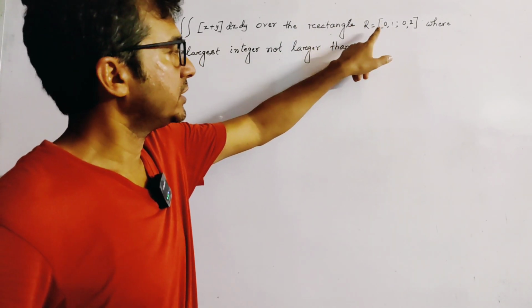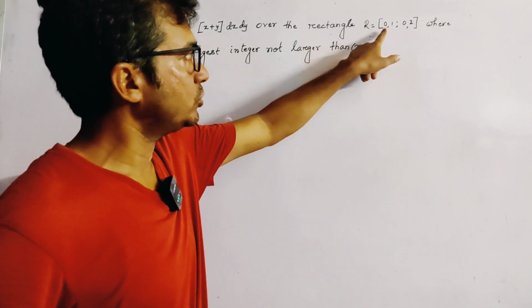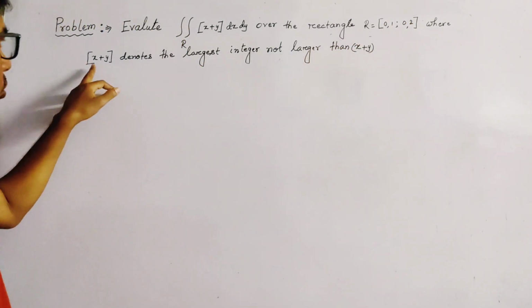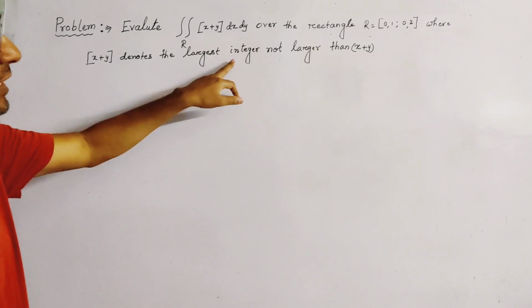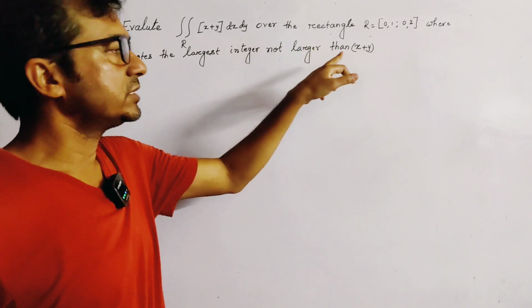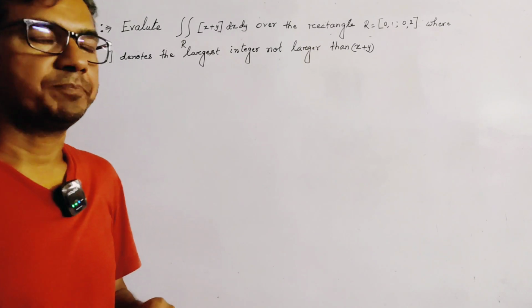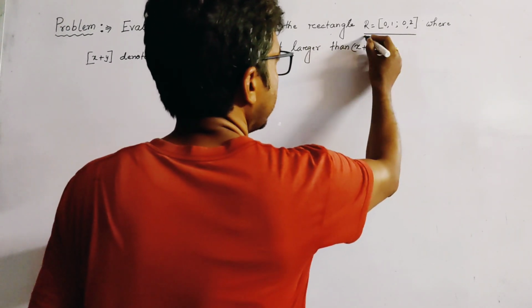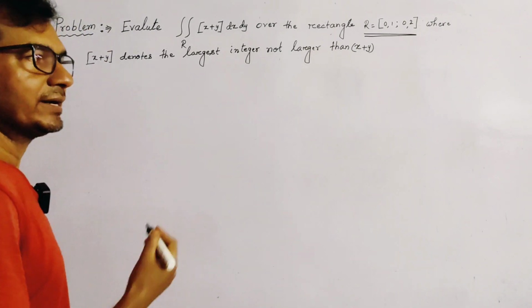The rectangle is the range of x from 0 to 1 and the range of y is 0 to 2, where [x + y] denotes the largest integer not larger than x plus y. Okay, now we first draw a rough sketch of this rectangle.